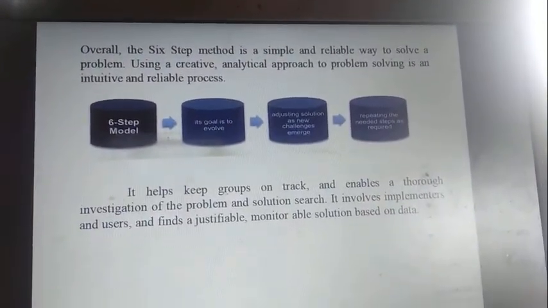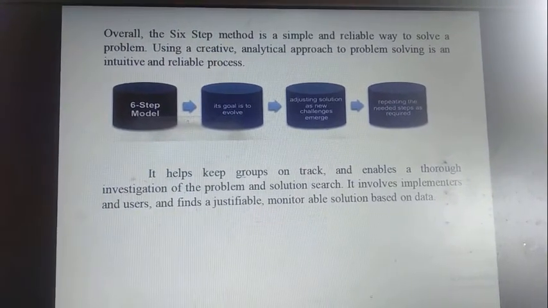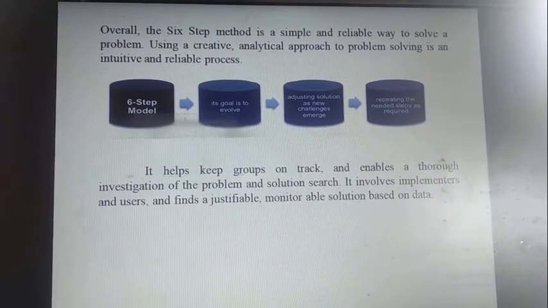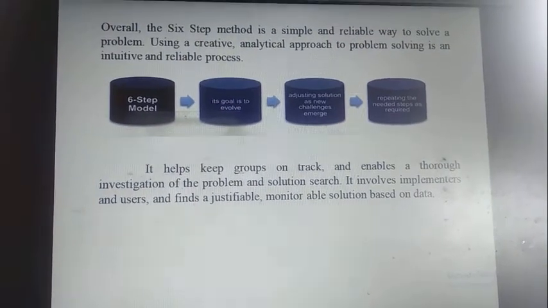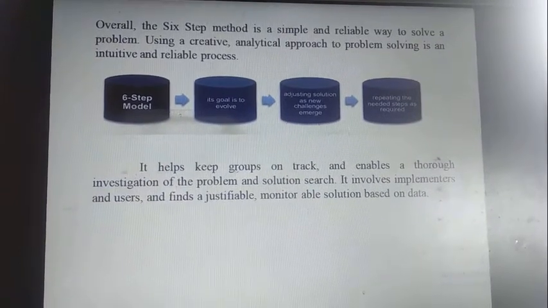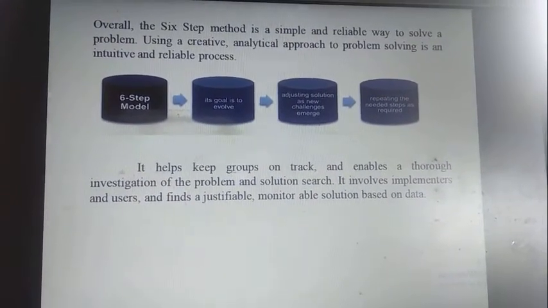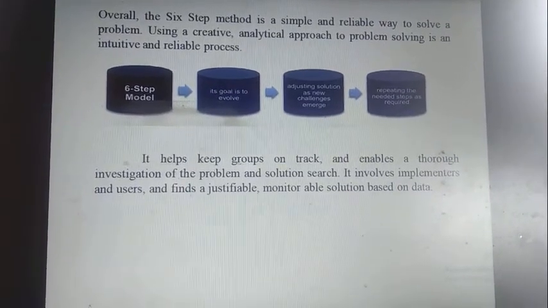So overall, the 6 step method is a simple and reliable way to solve a problem. Using a creative analytical approach to problem solving is an intuitive and reliable process. The 6 steps are about setting goals, evaluating, and adjusting the solution if new challenges emerge, repeating the needed steps as required.